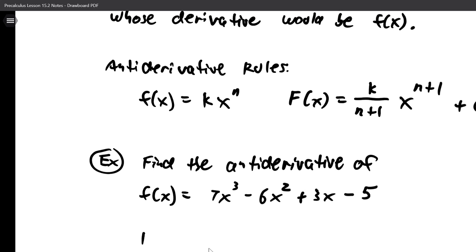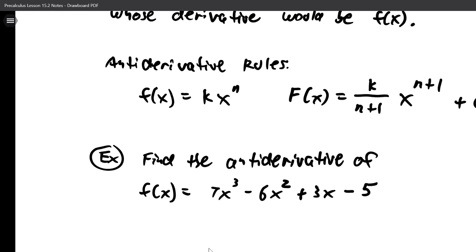Okay. Well, our answer is going to be capital F of x.